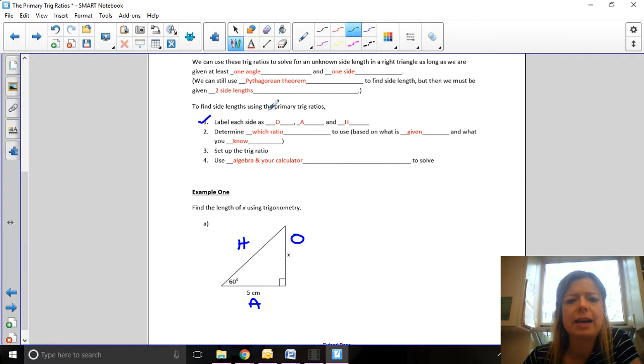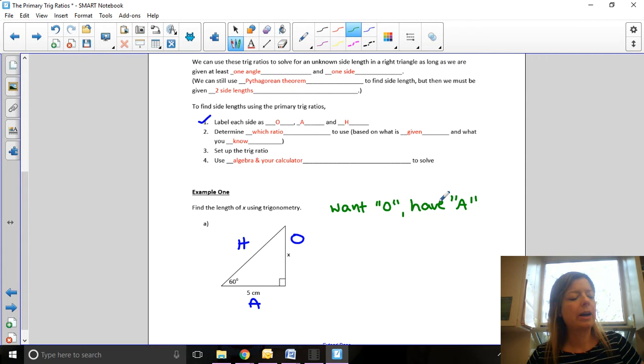Step 2 says determine which ratio to use based on what is given and what is known. Well, I want the opposite, and I have the adjacent. So which ratio involves O and A?